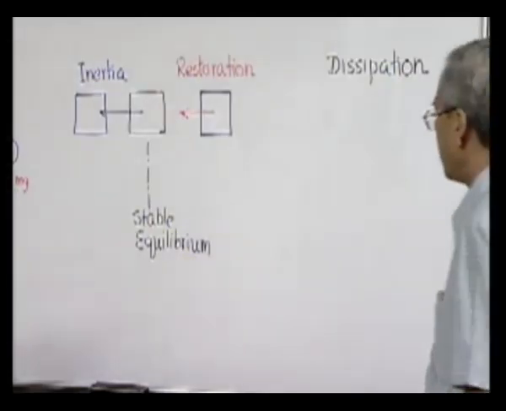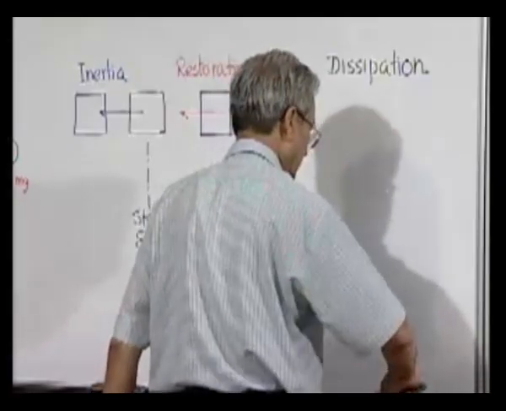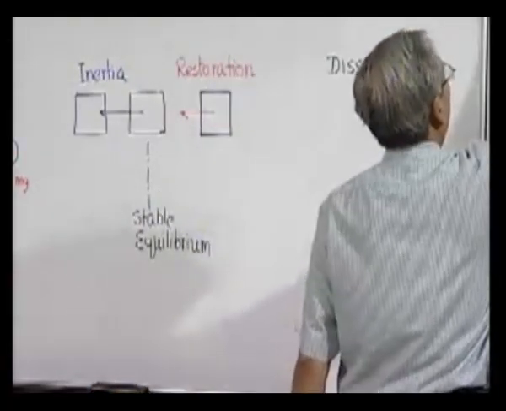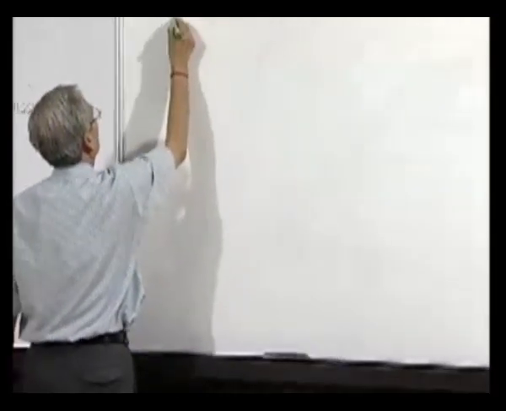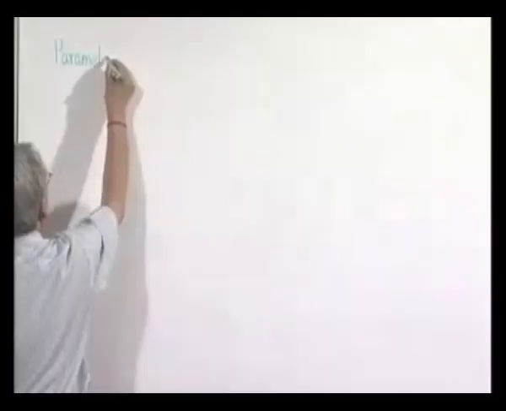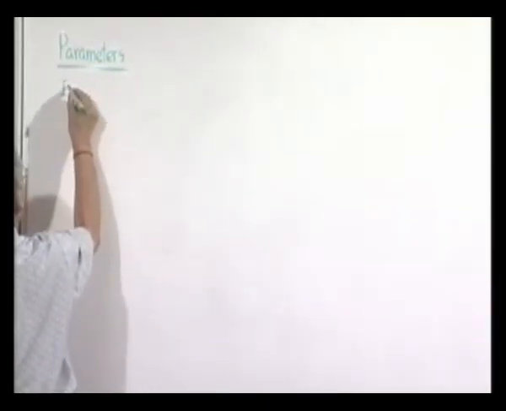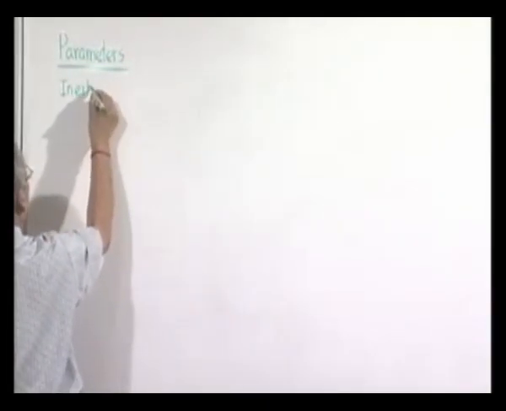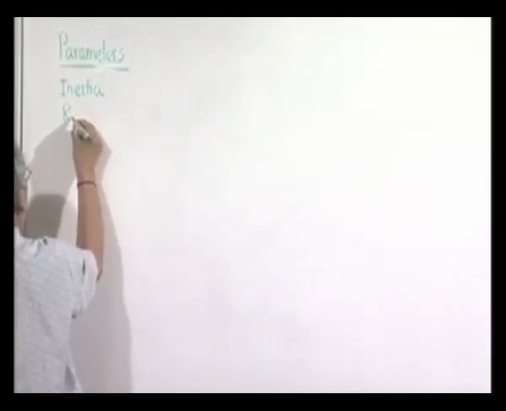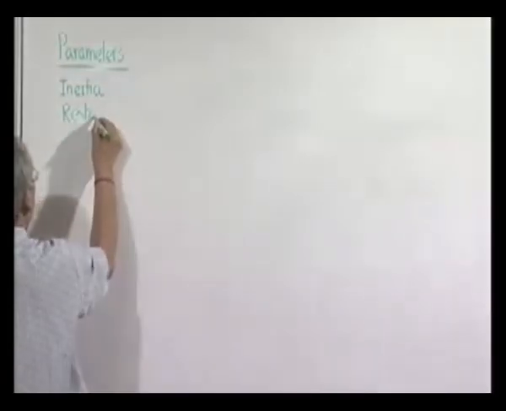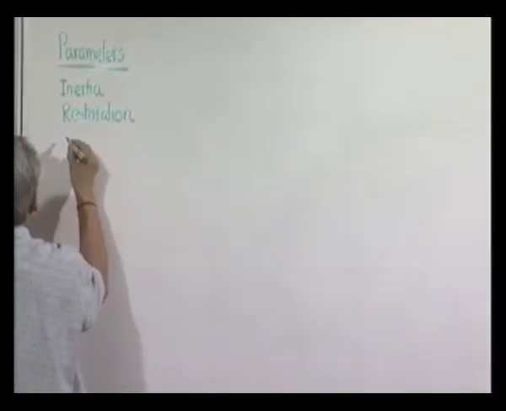So there will be three parameters which will play the predominant role in any oscillating system. The parameters are inertia, restoration, and dissipation.